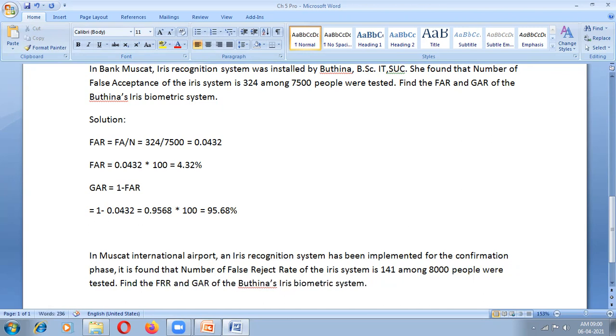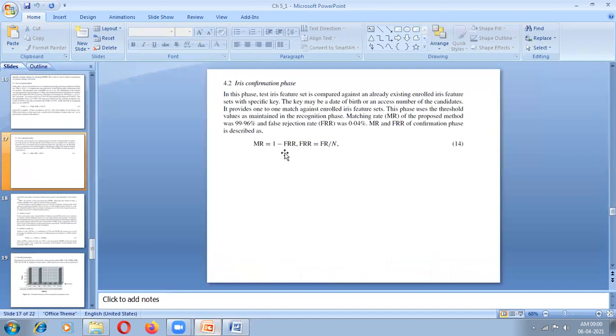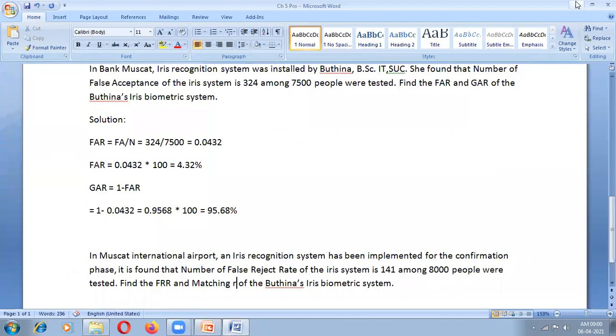Find the false reject rate and matching rate. This is what we have, MR. MR is called matching rate. Find the matching rate of the system. Okay, this is a question.